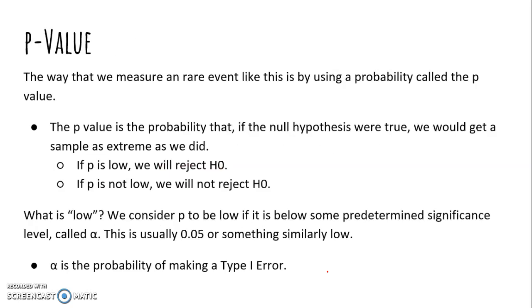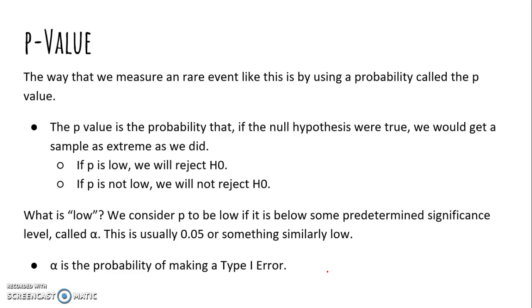So that brings us to p-value. So basically what happens is we take the sample and we get the sample mean or the sample proportion, we get the sample data, and then we find the probability of that result happening again if you took more samples.